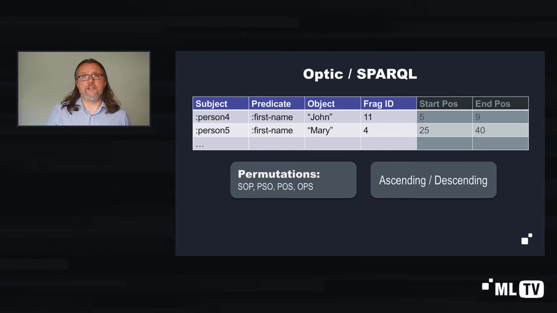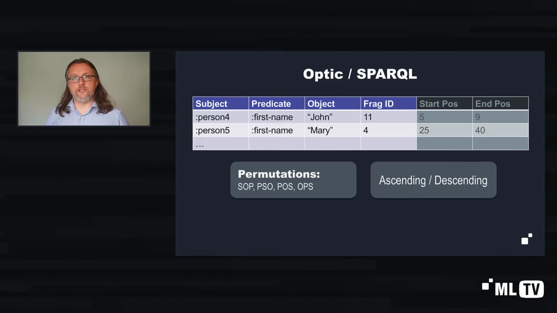And actually that sort order can be asked for both in ascending and descending order, so we can support order by descending as well. That's pretty much the only reason that we use descending order, because if you're grouping or anything like that, you just use ascending order.